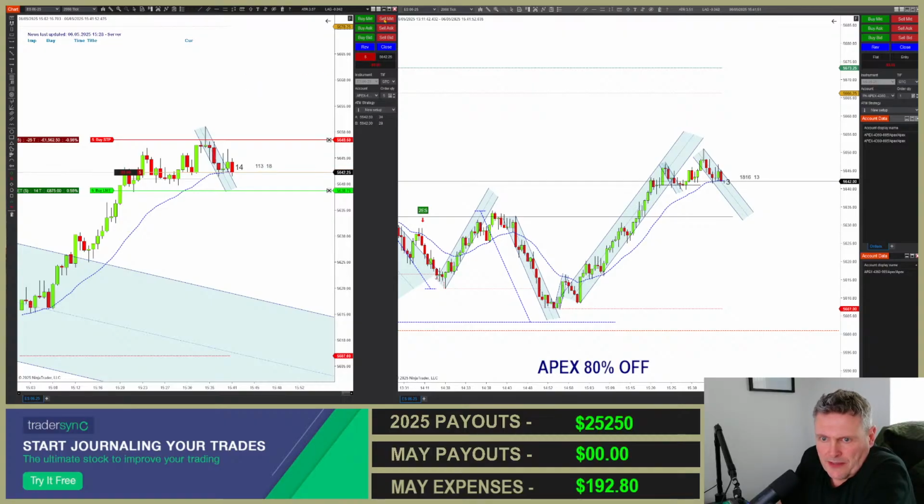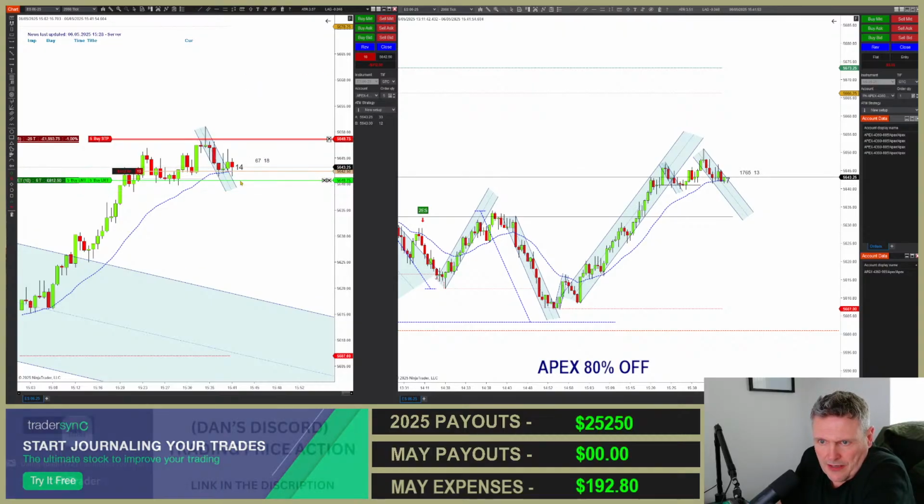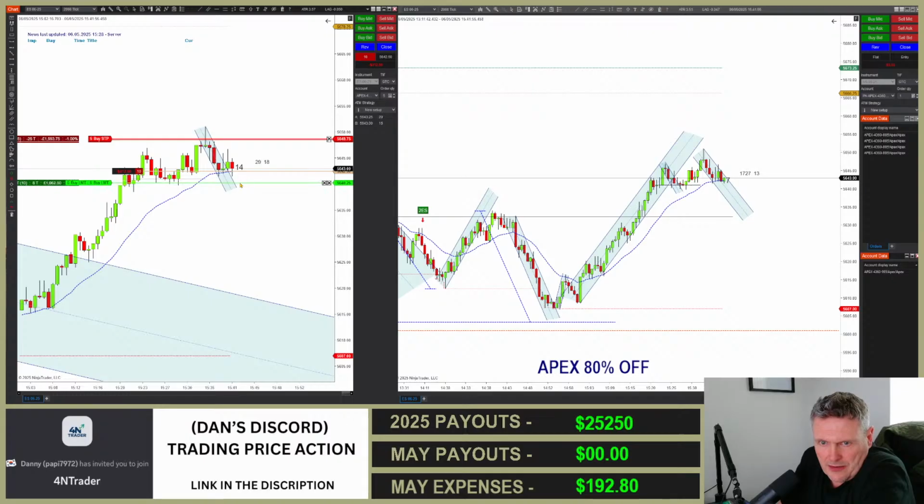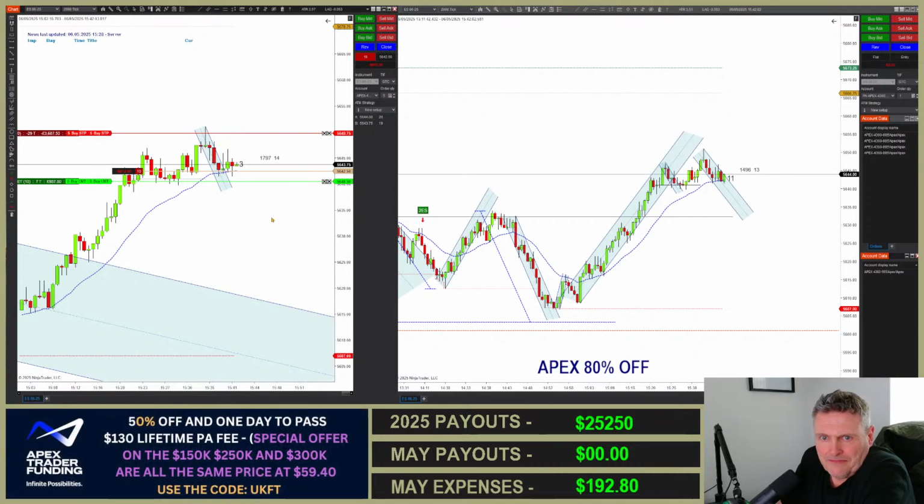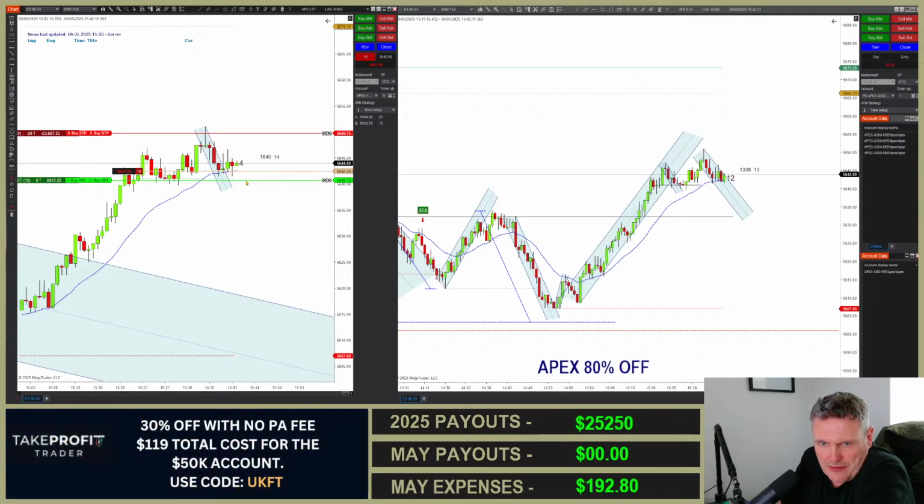Order filled. I'm tempted to stick another one in and then just put it there. I don't need to get as far then. What do I need? 850. So I need to get to there.